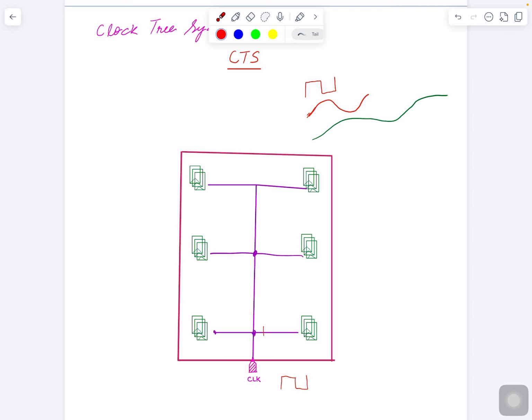Okay, so then what do we want? Yes, we want to put some regular buffers there so we don't have this situation. What is buffer or inverter? You can put inverter. Inverters, if you remember, are just a PMOS and NMOS. But buffer has two inverters, sometimes. So for buffer, you can use inverter.